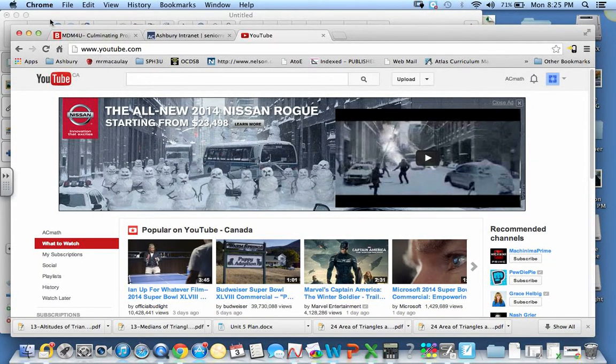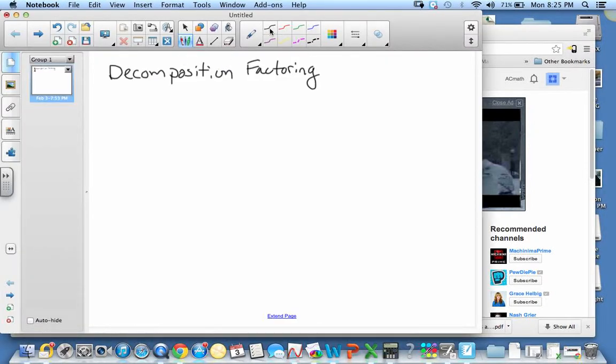Anyway, back to decomposition. So the whole purpose of decomposition is to take any quadratic. Well, we'll start with quadratics, but we're looking at things of this form, and we want to go from a form where everything is added together, so we have something plus something plus something, to some other form where rather than things that are added together, we want things that are multiplied together.